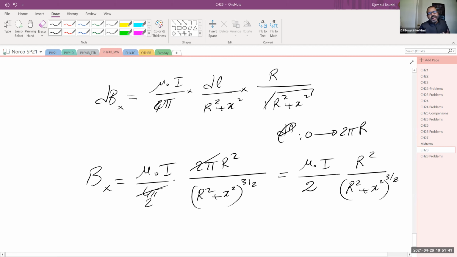Okay, it's kind of a little bit complicated in terms of how it behaves, because of this dependency on r and x and all of that, but it's similar to the dipole.